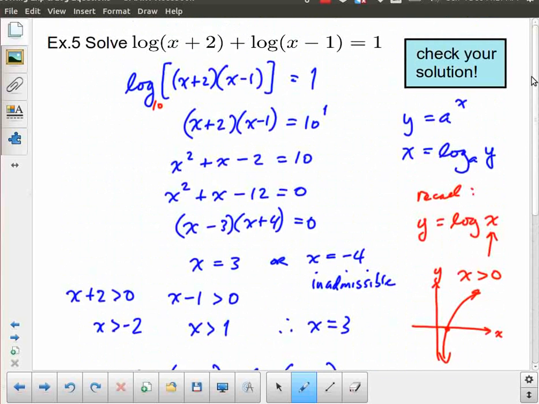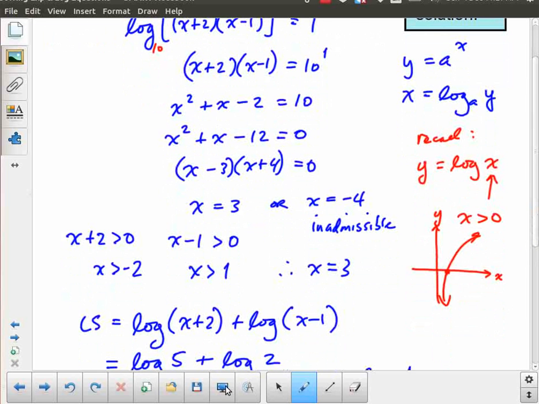Just to remind you where this is coming from, my right side was equal to 1.